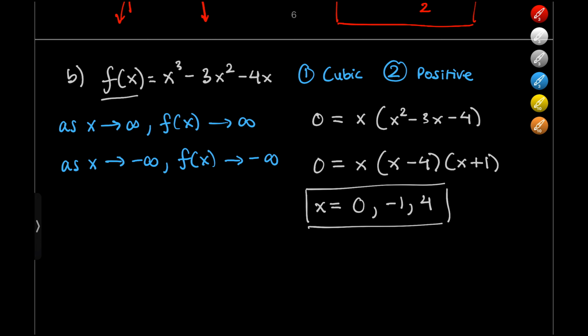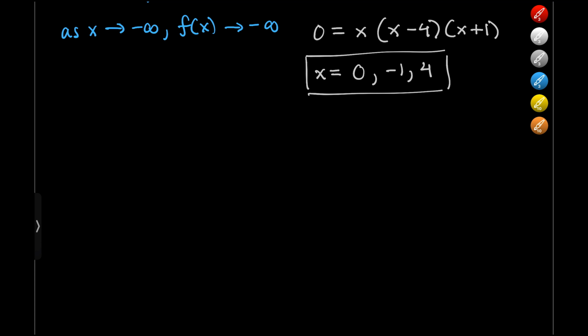So now when we're drawing an actual graph that looks similar to the actual graph, we have a 0, a negative 1, and a 4.